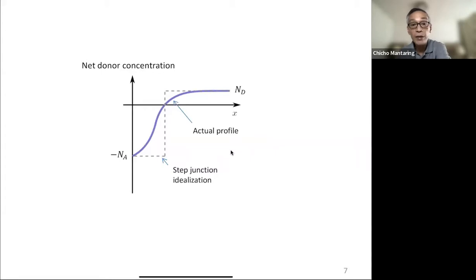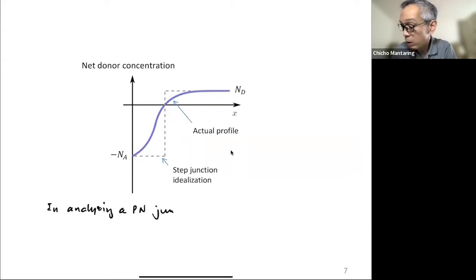Now what we actually want, so this is the actual profile of my net donor concentration. But this is what we actually want. This is the step junction idealization. So in analyzing a PN junction, we will assume a step junction.